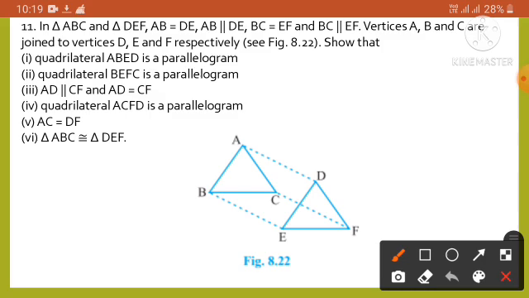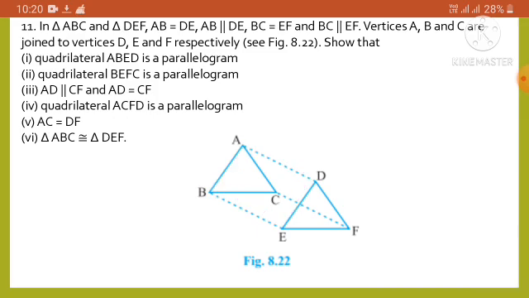So at first we are having AB equal to DE, already given, and also AB parallel to DE, given also. So ABED is a quadrilateral in which a pair of opposite sides AB and DE are parallel and of equal length.